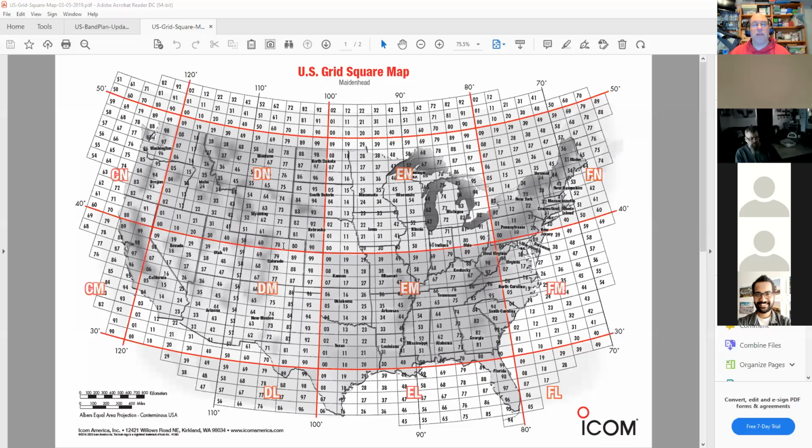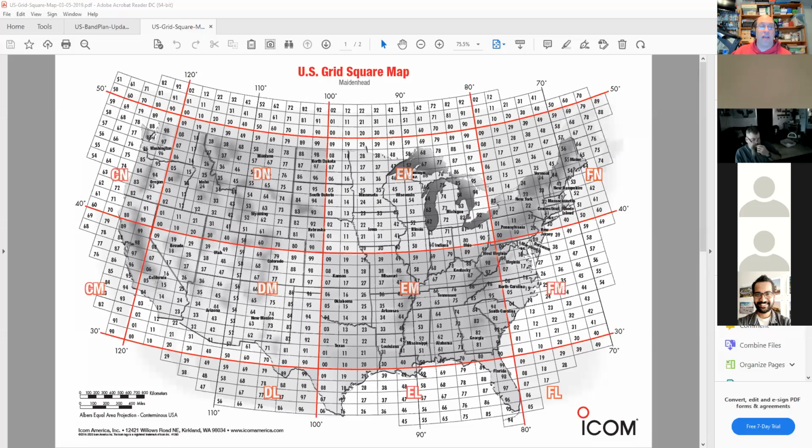Okay, there we go. So this is a grid square map of the United States. The whole world is actually broken up from AA to XX. Those are the 20-degree in longitude by 10-degree latitude squares, which are actually pieces of a sphere. So they're not really squares, but they're called grid squares.